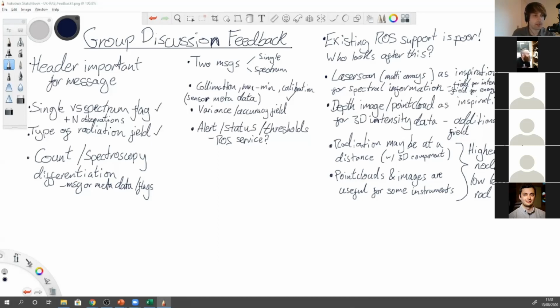So one thing that someone put in the chat, I'm going to find Francisco. I think Francisco Garcia added this. That actually we're not the first ones to have a crack at this. So they linked a publication where people have tried to. So there's already a data format standard for radiation detectors and radiation instrumentation, and someone has then tried to mesh that into ROS.